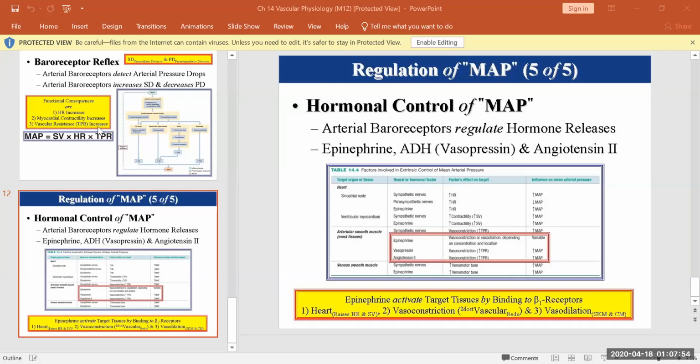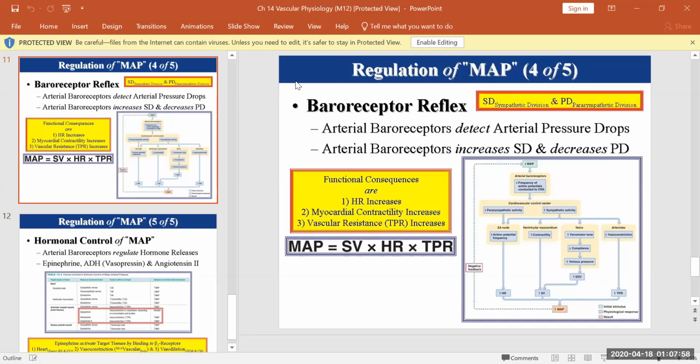That's basically this equation here. Okay? So TPR. So when you constrict your blood vessels, systemic blood vessels, you increase TPR. So if you increase TPR, you increase the driving force pushing blood forward, MAP. That's norepinephrine.